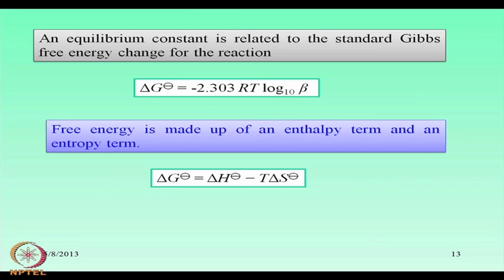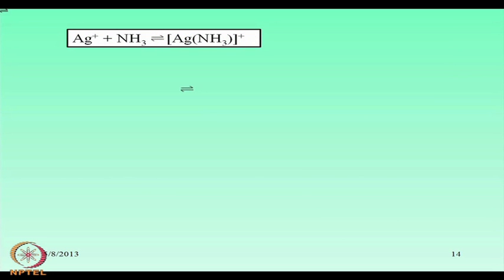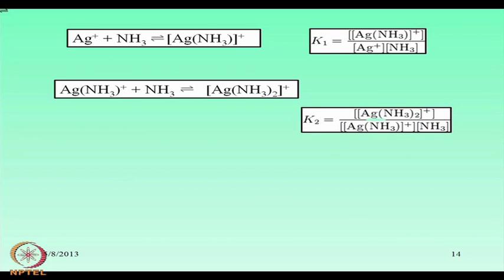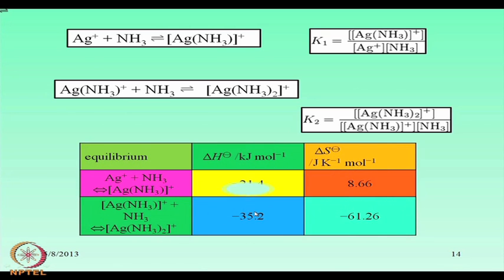So, these values basically can give us some idea for the silver amine complex, where we get the K1 value, as well as the values for the second step. So, we get both K1 and K2 values for these cases and the different values for the equilibrium as well as the enthalpic contribution and the entropic contribution.